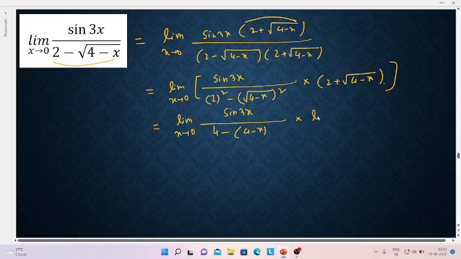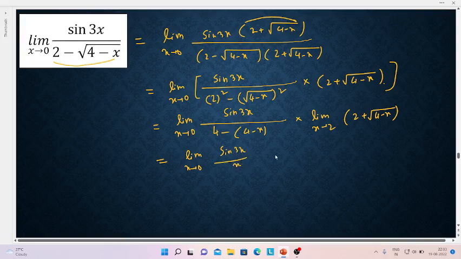Similarly, if we change the limit, it will be limit x tends to 0 of 2 plus root under 4 minus x, right? So that is limit x tends to 0, the 4 and minus 4 will be cancelled out and we have sin 3x upon x, right? And on the right side we have limit x tends to 0 of 2 plus root under 4 minus x, right?